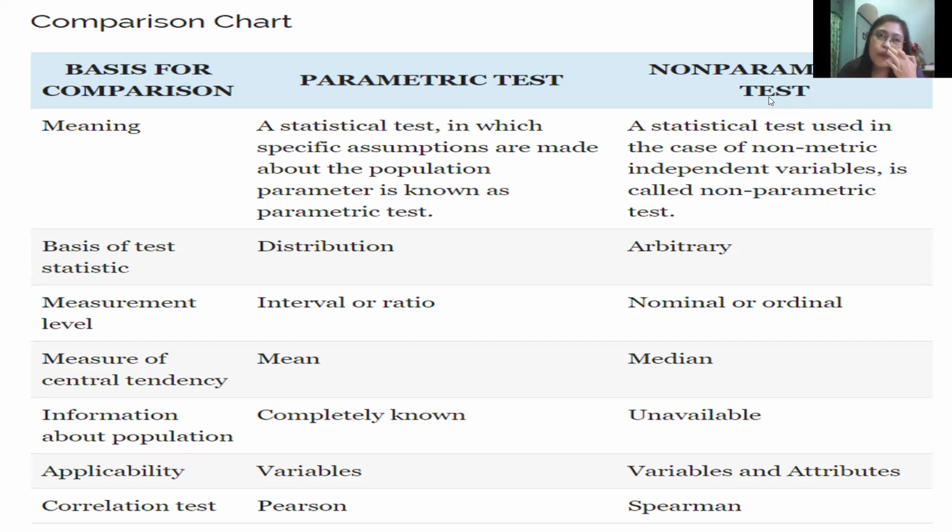Okay? And then we will only use the parametric tests if the measurement level or our data type is interval or ratio. So please review. In our chapter 1, we discussed the different levels of measurement or data types: nominal, ordinal, interval, or ratio.